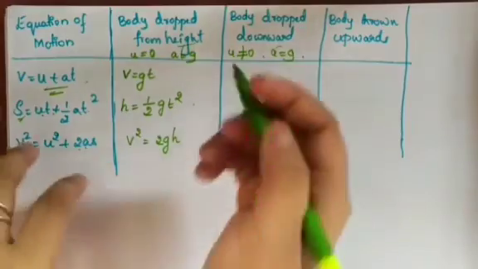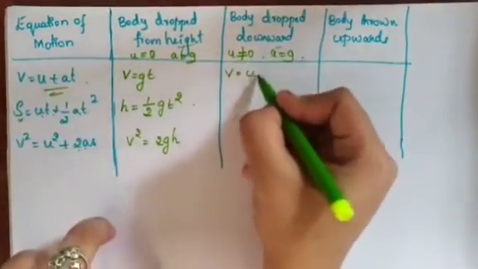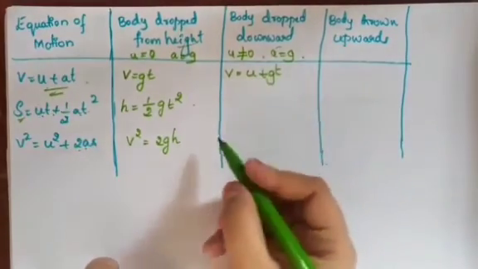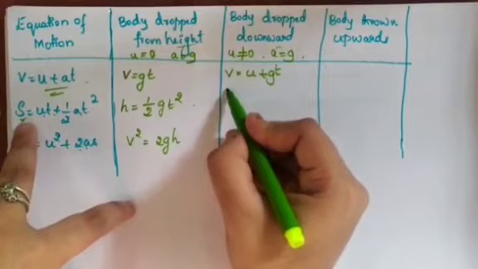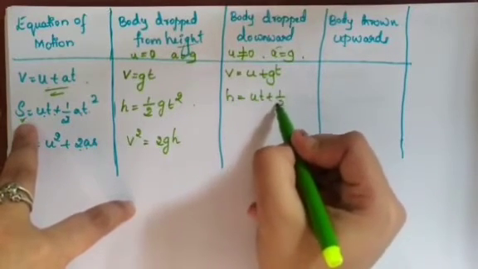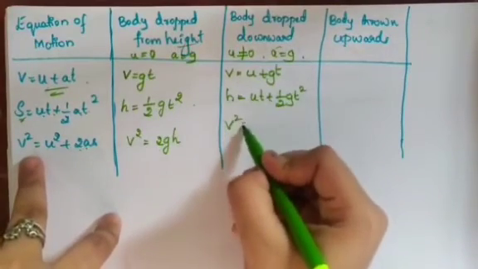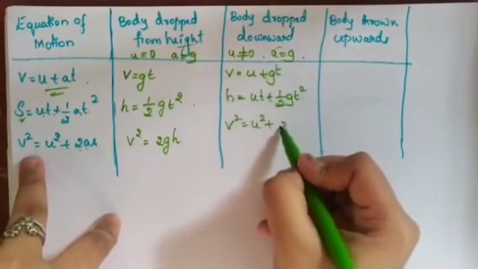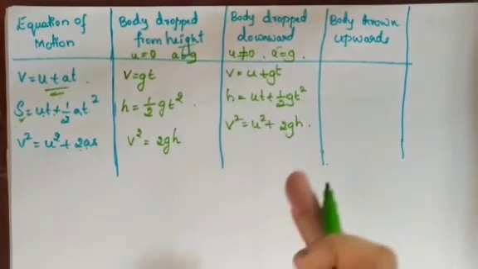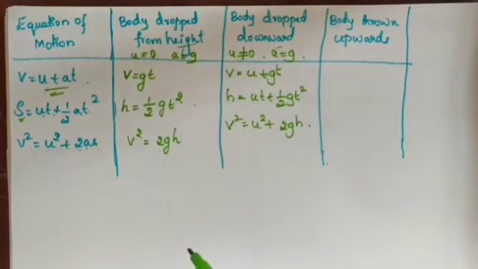Substituting, V is equal to U plus GT. Similarly, H is equal to UT plus half G T square. Similarly, V square is equal to U square plus 2GH. So this is the condition of a body which is thrown in the downward direction.